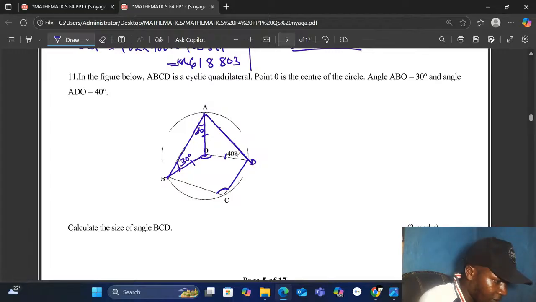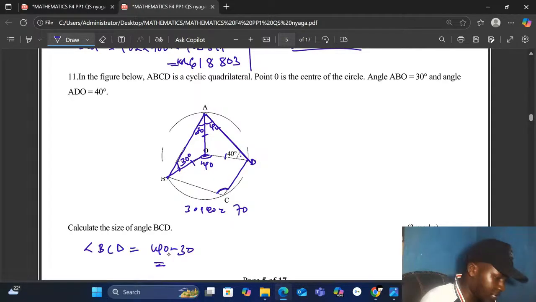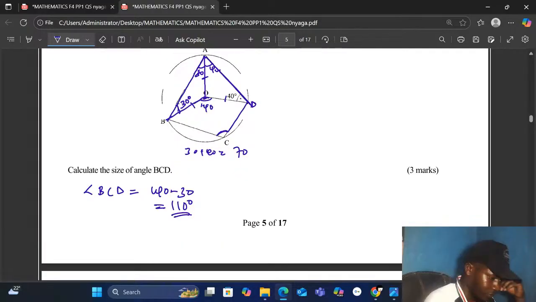Then if this is 40, when you add 30 plus 40, you get 70. So the whole of this angle is 70, and we know that the angle at the center is twice the angle at the circumference. Therefore, this angle is going to decrease. Simple as that. Then you get your 3 marks.